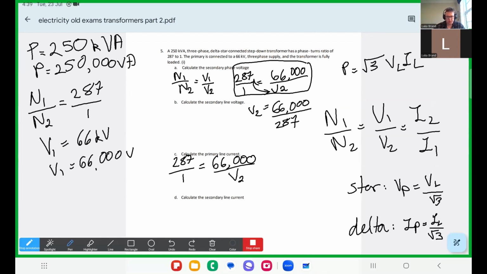The way I'm going to do that is by multiplying both sides by V2. Now, in maths and algebra, I can do anything I want as long as I do the same thing to both sides. So in this case, if I multiply this side by V2, I've got a times V2 and a divided by V2, which gives me V2 divided by V2.